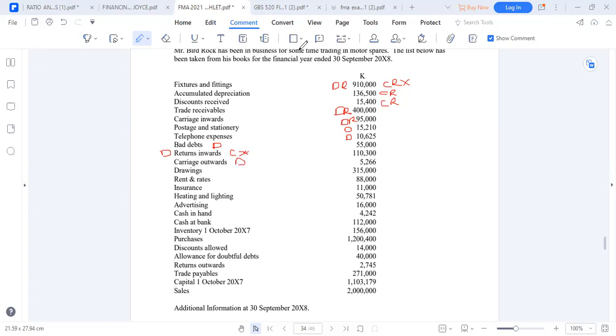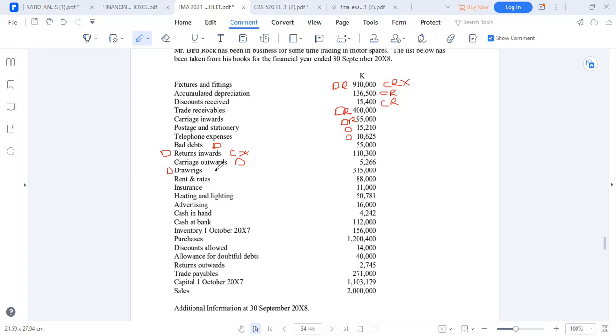Drawings, debit. You debit them. Why? They reduce the capital. What are drawings, by the way? What are drawings? It's like money paid to shareholders when shareholders decide to get some money from the business. Money paid to shareholders. Okay. Anyone else?